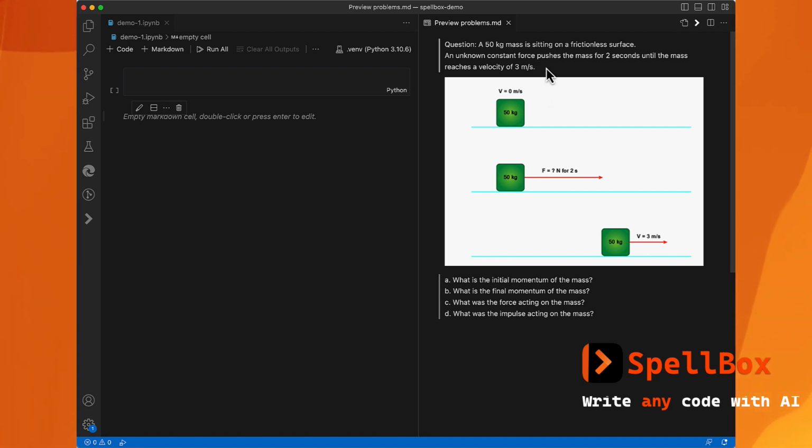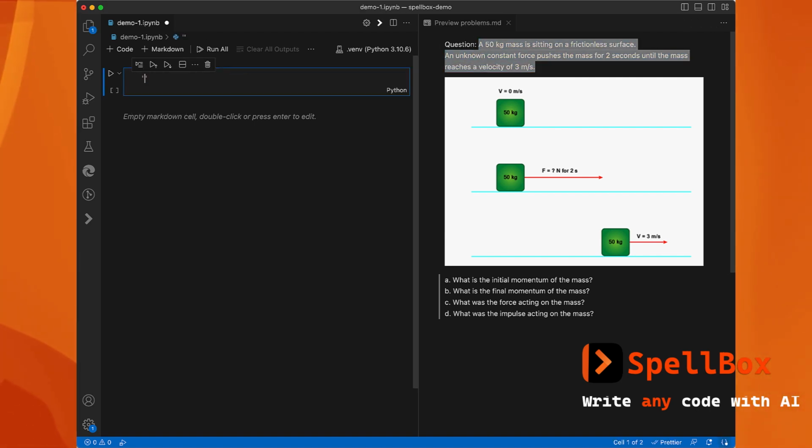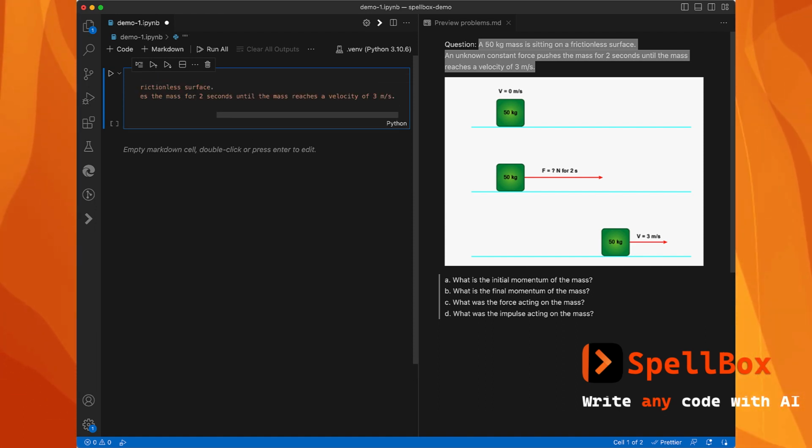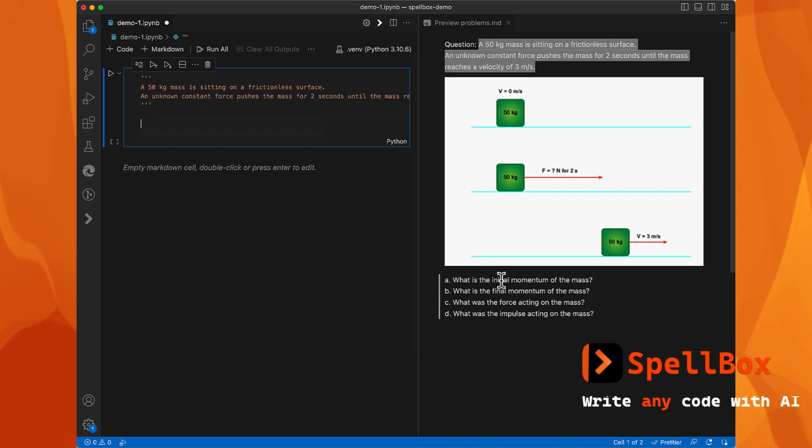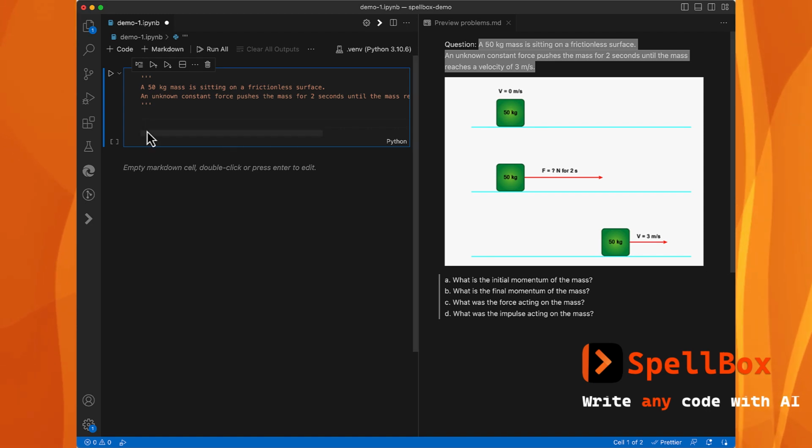So in order to solve this problem, we can simply copy the prompt right here and create a string in Python and paste it. So this gives us the context in order to solve this problem. And we can see that the first question is what's the initial momentum of the mass.